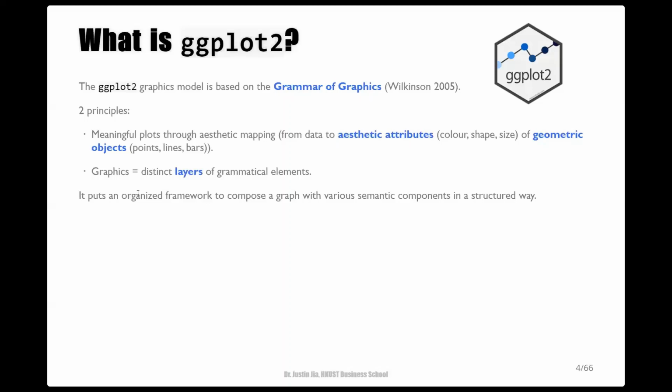Facetting may also be used to generate the same plot for different subsets of the dataset. And it is the combination of these independent components that make up a graphic.